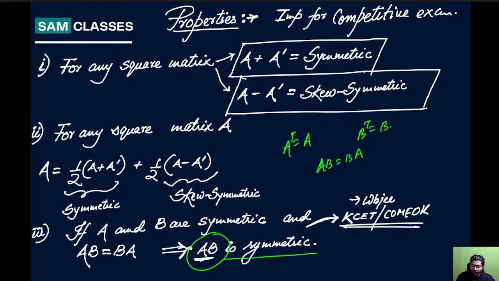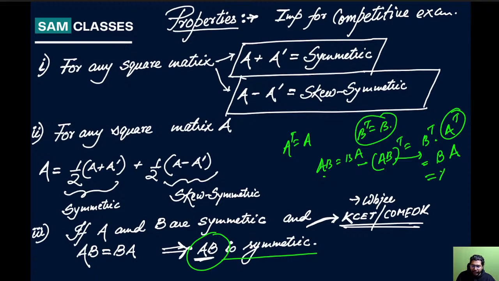So I'll check AB whole transpose. That gives B transpose into A transpose, the second comes first. B transpose is B, and A transpose is A. But I already know that AB is equal to BA, so instead of BA I can write AB. So AB whole transpose is equal to AB only. So can I say that AB is symmetric? Yes or no? Very simple.